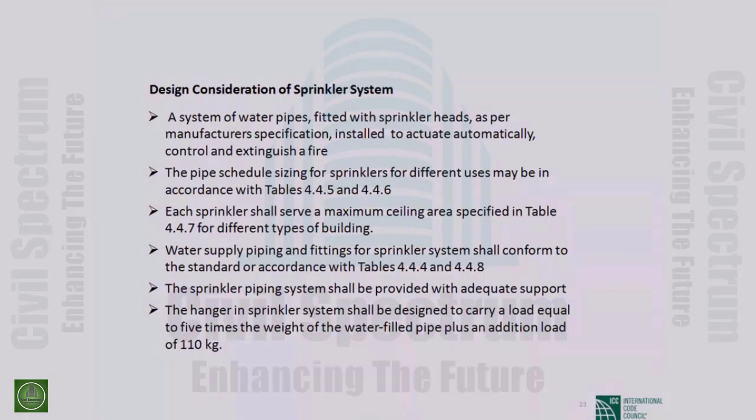At a certain temperature the sprinkler head will burst, because there is a material which will melt at a certain temperature. So due to the pressure of the water inside, the head will open up, and it will spray water to the area where the sprinkler head is positioned.